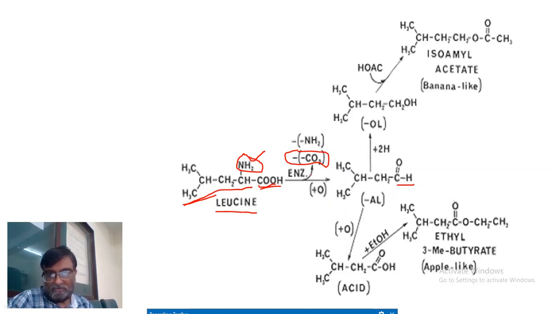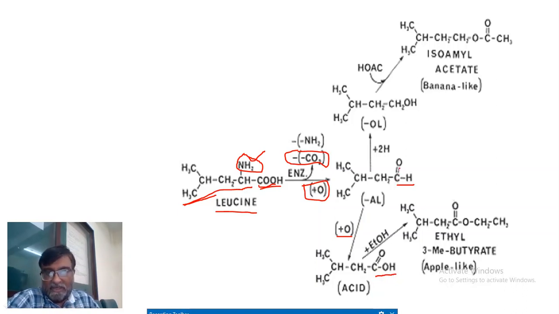Along with this removal, there is an oxidation process. So there should be an oxidase enzyme, or it may be a chemical oxidation process. This aldehyde compound further undergoes oxidation, maybe an enzymatic process or a chemical process. We already know that when an aldehyde undergoes oxidation, a carboxylic acid is generated.